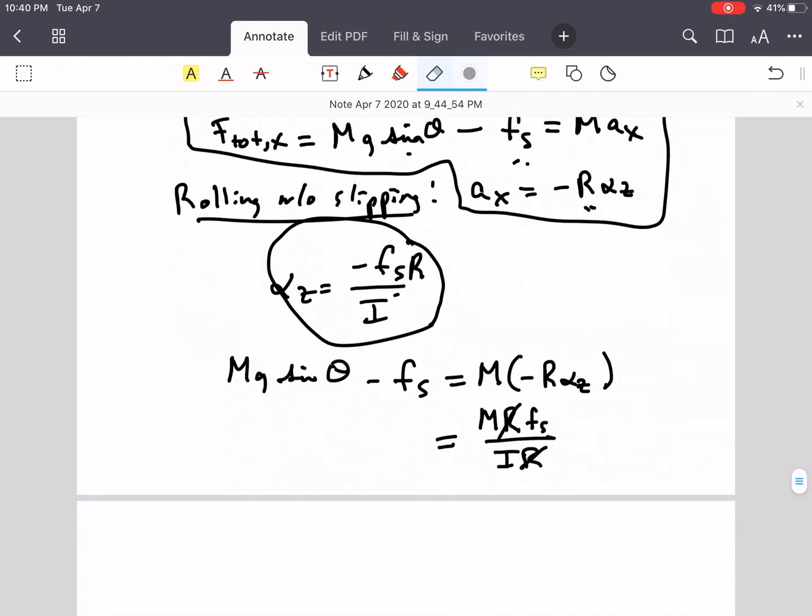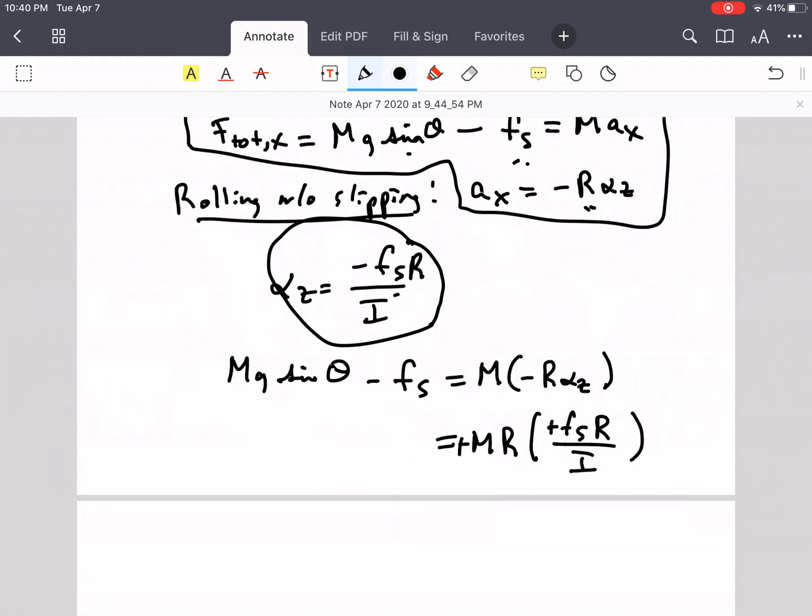And now if we go back and I do my math right, so that's negative m times r times alpha, which is negative Fs times r over I. The negatives become positives. But now the r's do not cancel, as they shouldn't.